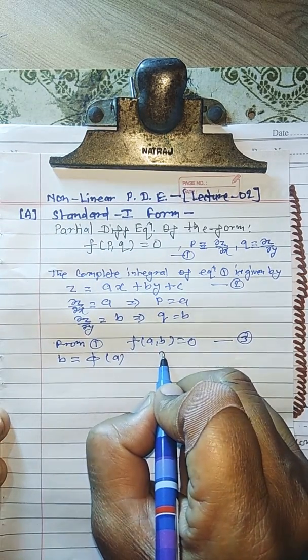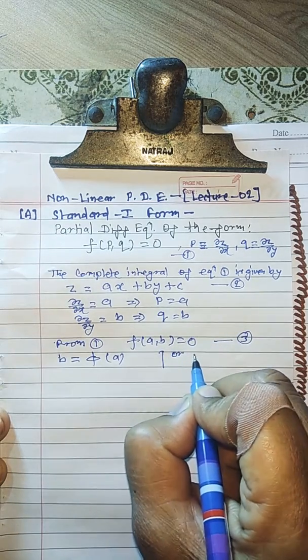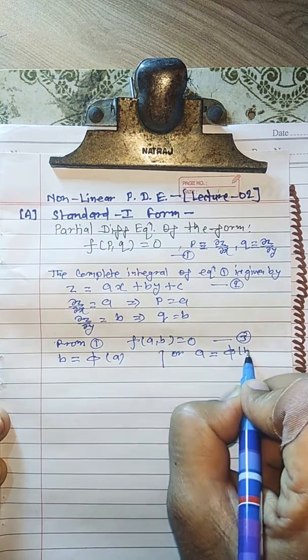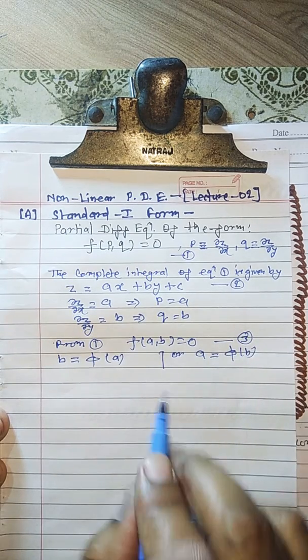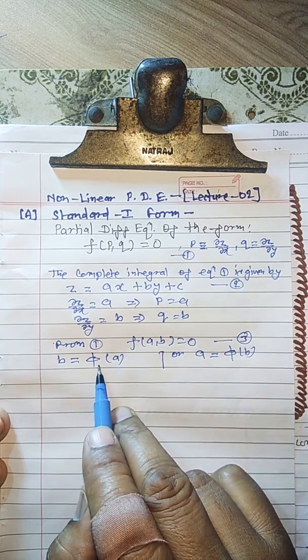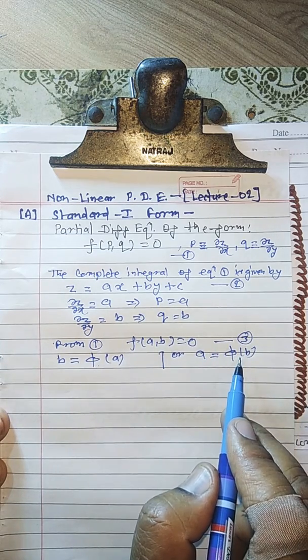or the value of a in terms of b from equation 3. Means from equation 3 either we find b in terms of a or a in terms of b.